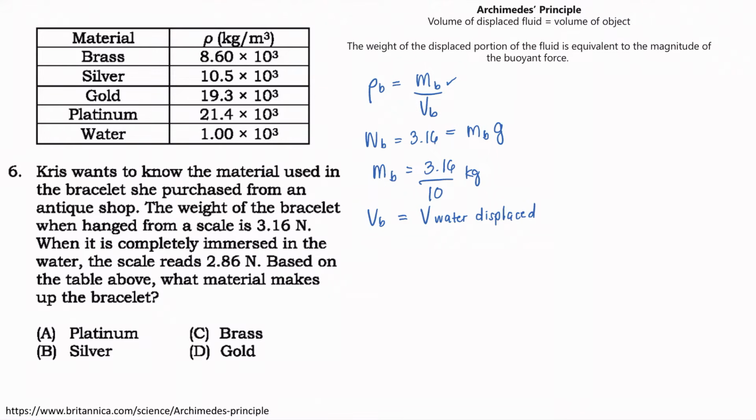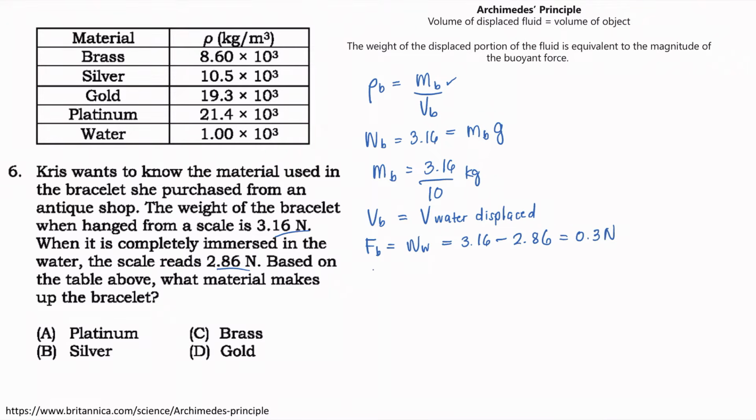And also, we have the concept na the weight of the displaced portion of the fluid is equivalent to the magnitude of the buoyant force. So, yung buoyant force daw, equal siya dun sa weight ng water na madi-displace, which is equal to 3.16 Newton from the given minus 2.86 Newton. Equal yun sa 0.3 Newton.